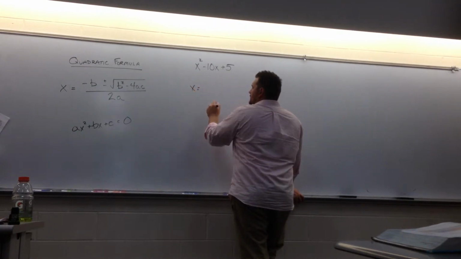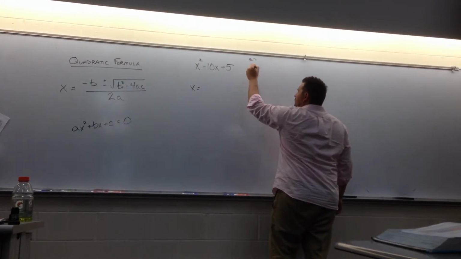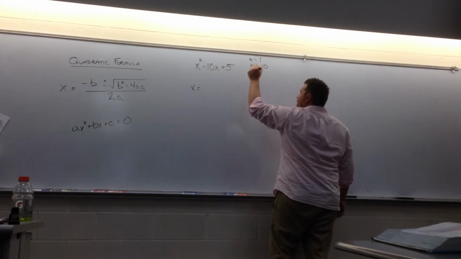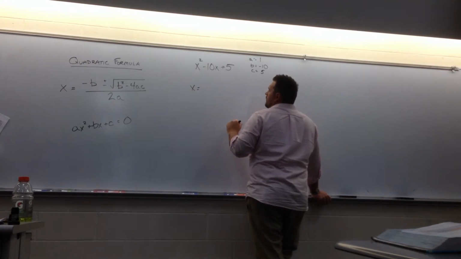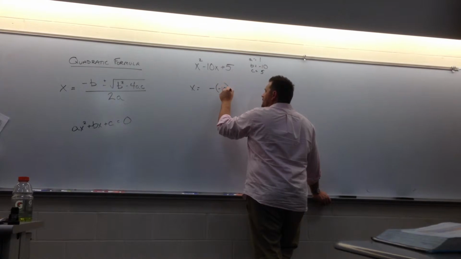We can say x equals, what's my a value? 1, b is -10, and c is 5. Okay? So I have x equals negative b, which is -(-10).